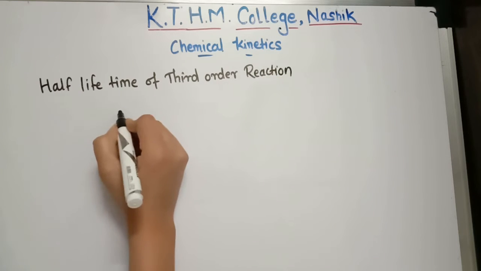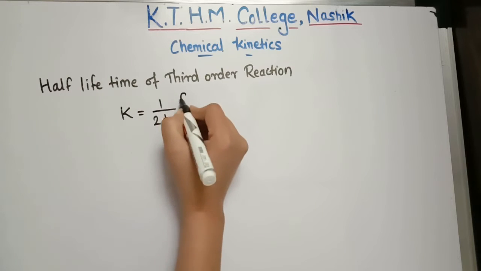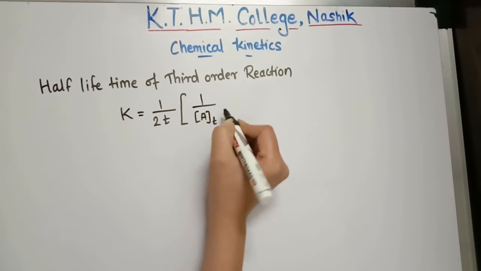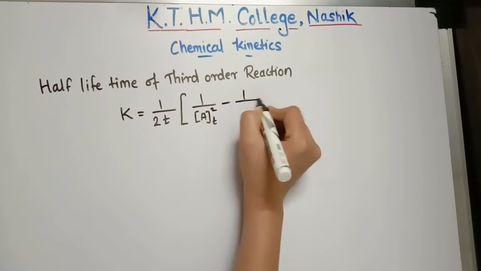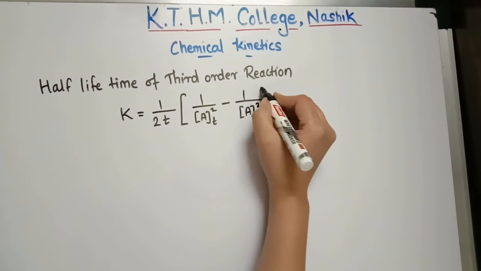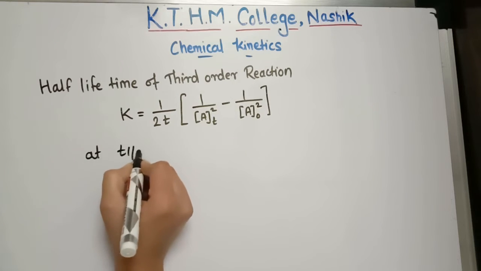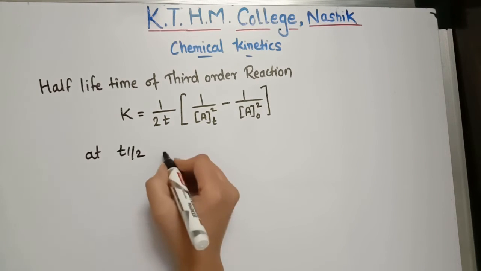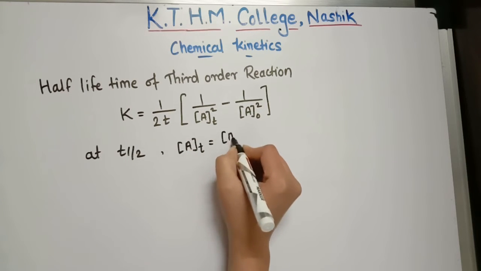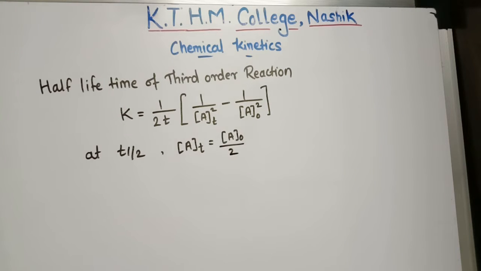So the equation was k is equal to 1 upon 2t, 1 upon concentration of A at time t square minus 1 upon concentration of A naught square. So at t half, or half lifetime, the At is equal to half of the initial concentration. So now we will put the value.